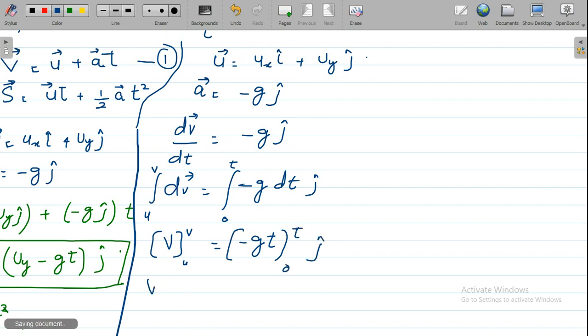So we can write it as v minus u is equal to minus gt. If we give the limits, at t it will be minus gt, then at 0 it will be 0, that's minus gt j cap. So v is equal to u minus gt.